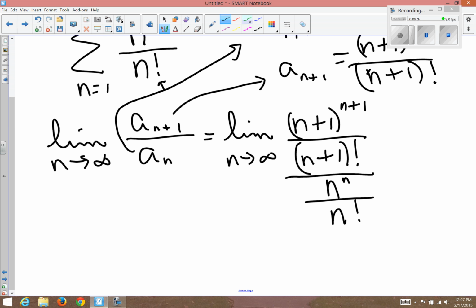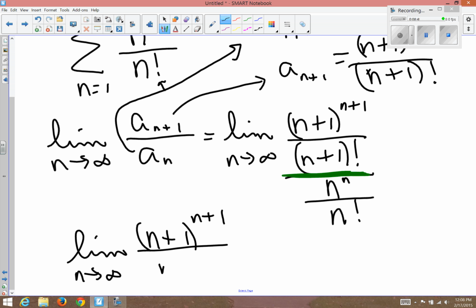We're going to rewrite this division right here as multiplication by the reciprocal. Limit as n approaches infinity. Above the green line, n plus 1 raised to the n plus 1 over n plus 1 factorial times the reciprocal of what's under the green line.